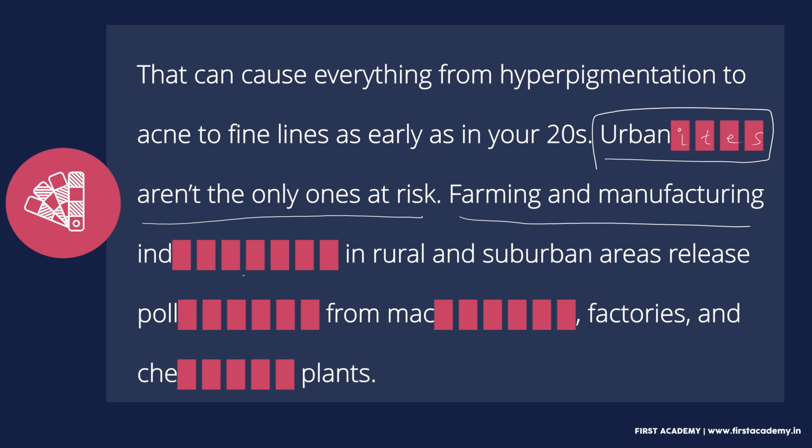So what are we talking about? We are talking about industry. But again, we have a few more things left. So it cannot be industry. What has it got to be? A plural form. We are talking about industries. So I, E and S.